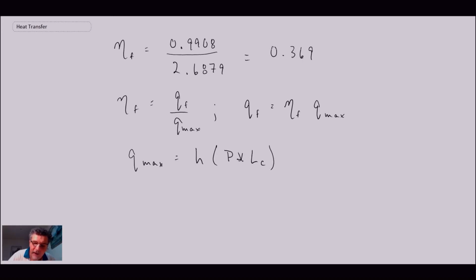So the wetted area of the fin is going to be the corrected length times the perimeter, and then that's going to be multiplied by, assuming the entire fin is at the base temperature, the base temperature minus the free stream temperature, plugging in values.